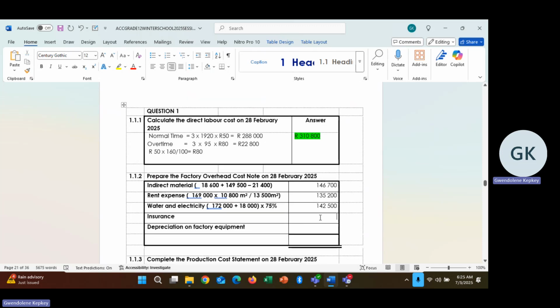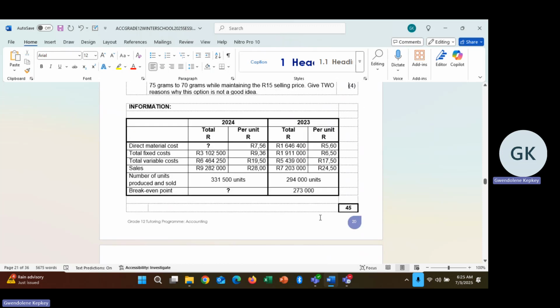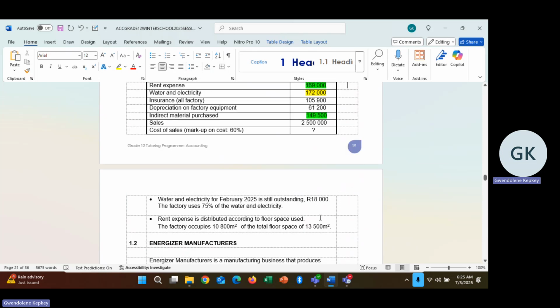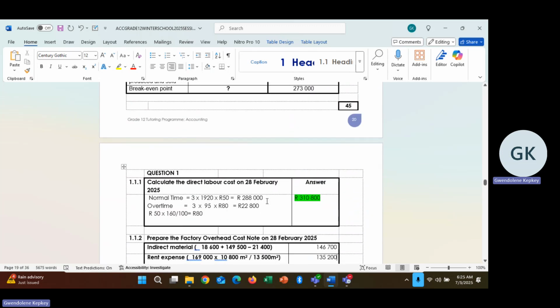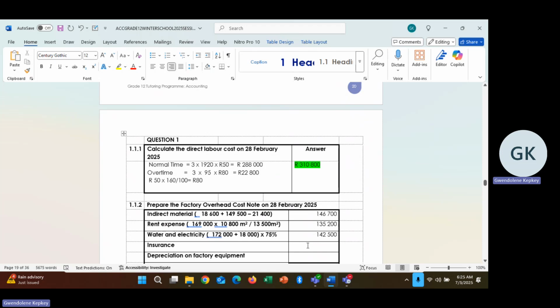Then for the other expenses, I'm just going to slot that in. That comes directly from my expense information given to me in the form of a table. That will be my depreciation and then my insurance. Be careful, they said for all of the factory, so I'm going to use the entire amount. The amount for insurance for the factory is 105,900 and the amount for the depreciation is 61,200.